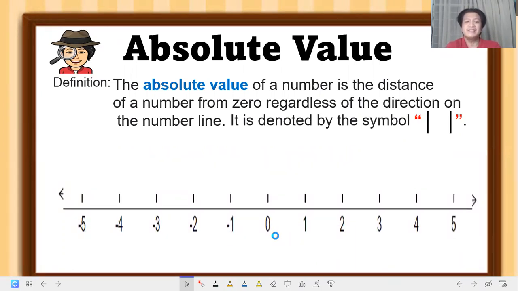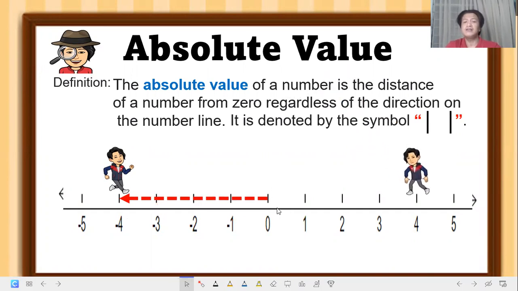Using the number line, let's say lumakad ako going to left from 0. If you're going to count the number of steps, and also lumakad naman ako going to right from 0. We can say that the absolute value of -4, and this is from 0 going to right, the absolute value of 4.